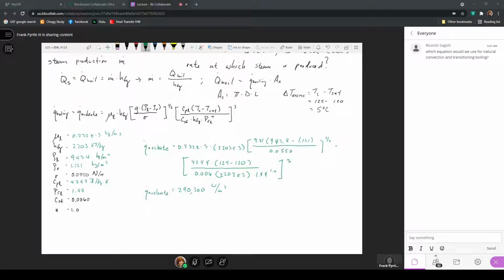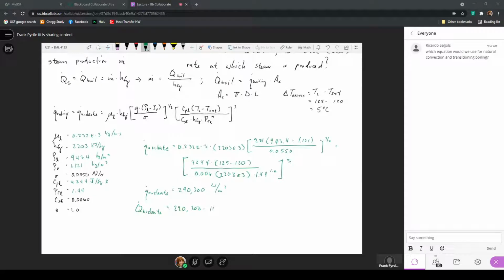Now this will be the rate per unit area that heat is moving out of the surface of that heater into the water. So this expression will allow us to calculate the heat transfer rate, which will be this 290,300 watts per meter squared times the surface area.